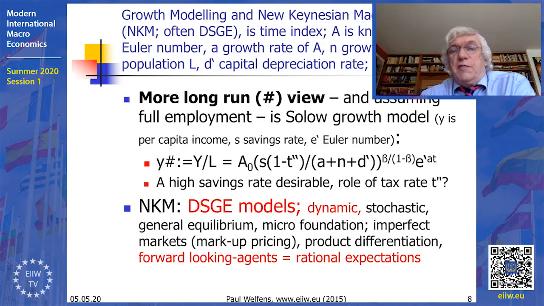We usually have some micro foundation. Okay, we might have imperfect markets, so market imperfections, and then we have heterogeneous competition, so we have not just one good, but we have many different goods, and then we have markup pricing.